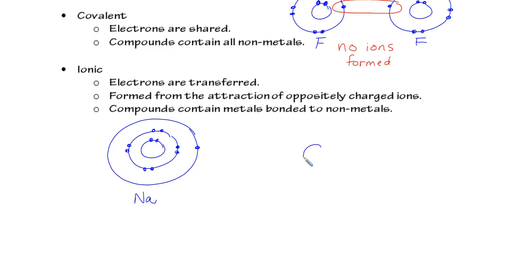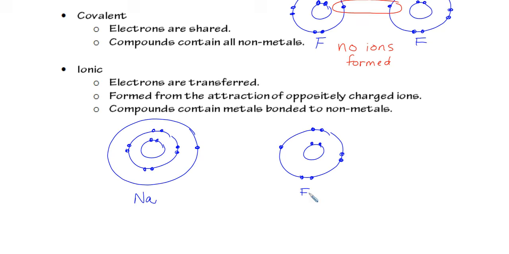Let's bond this with a fluorine. So the fluorine had 9, 7 in the second energy level. Cool. Fluorine. So we want to find a way of giving both atoms a full outer shell. Sharing would be okay for the fluorine. He could get a full shell. He really only needs 1 more.